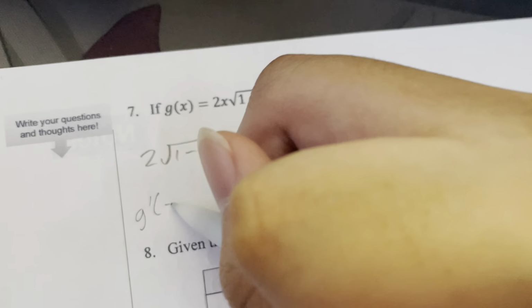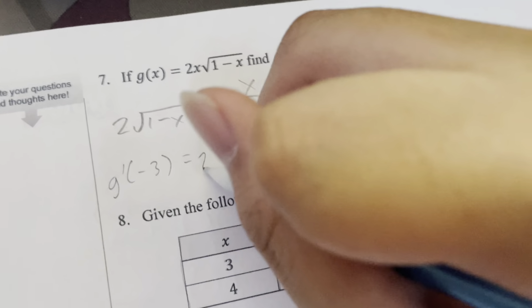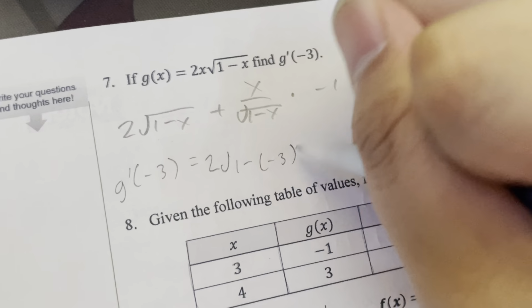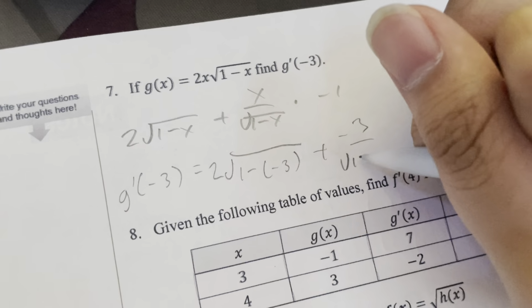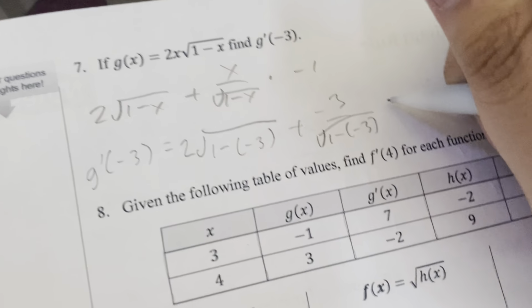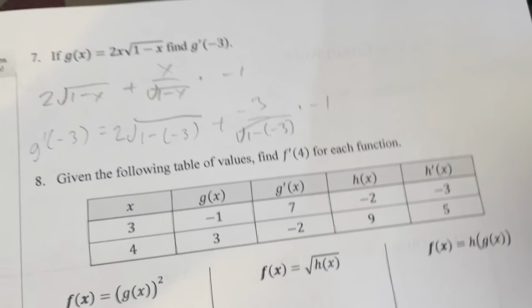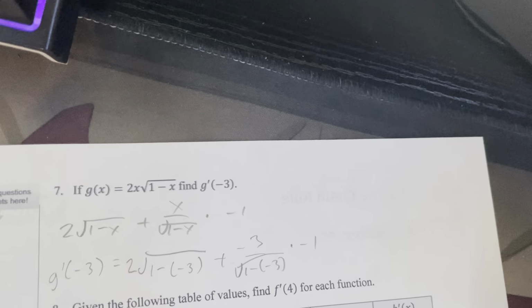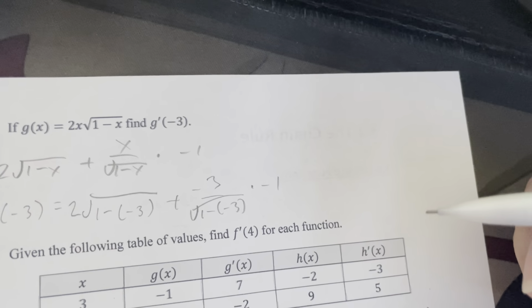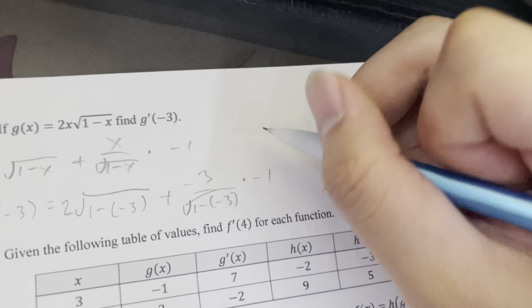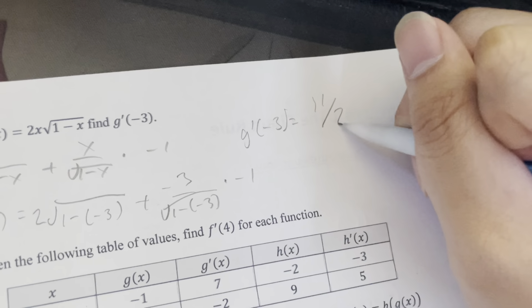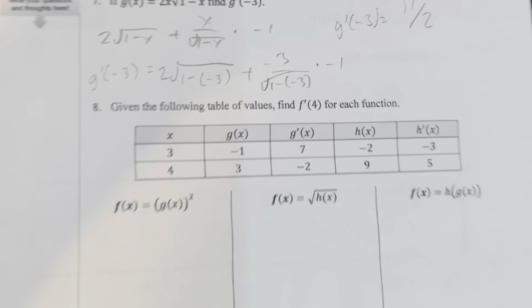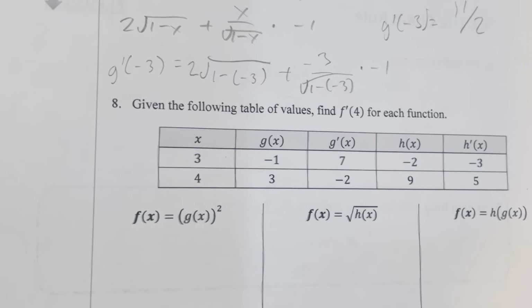So g prime of negative 3 equals 2 square root of 1 minus negative 3, plus negative 3 over the square root of 1 minus negative 3, times negative 1. Once you plug all that in, you'll find that g prime of negative 3 equals 11 over 2.